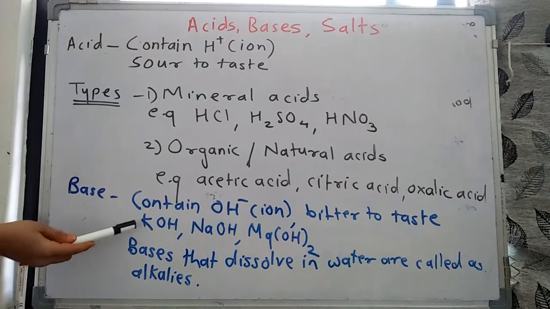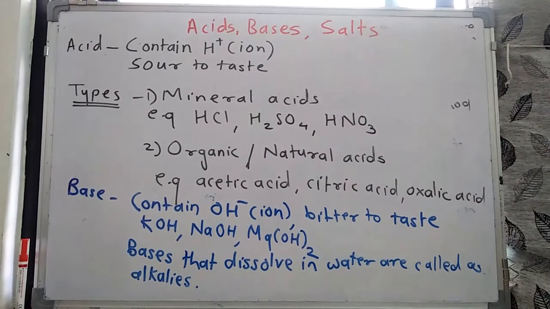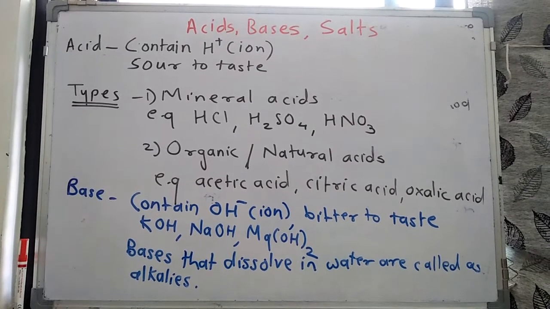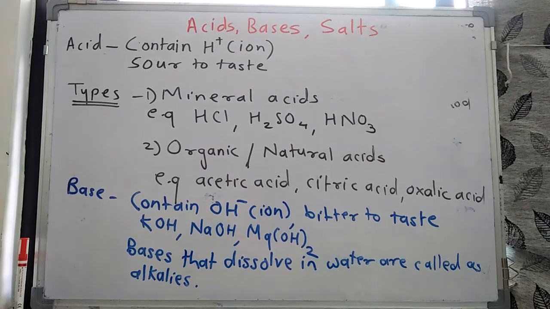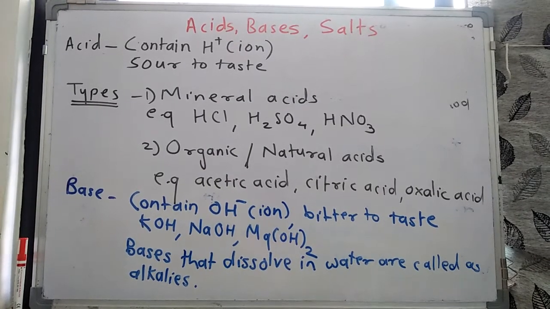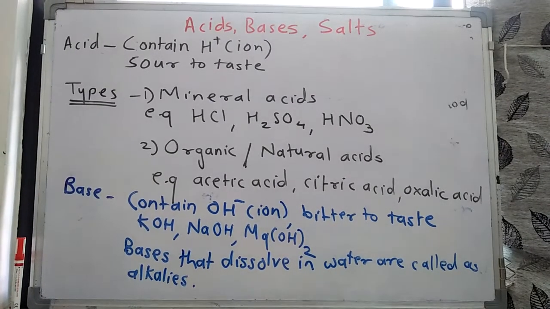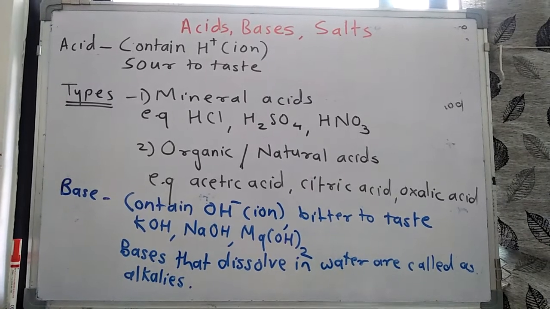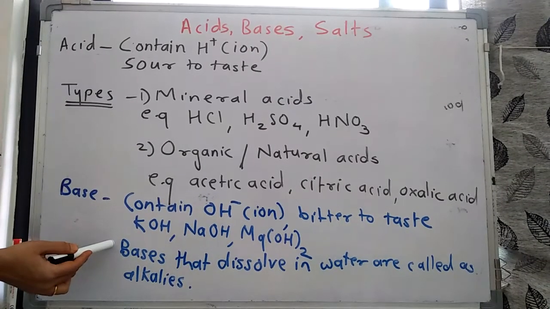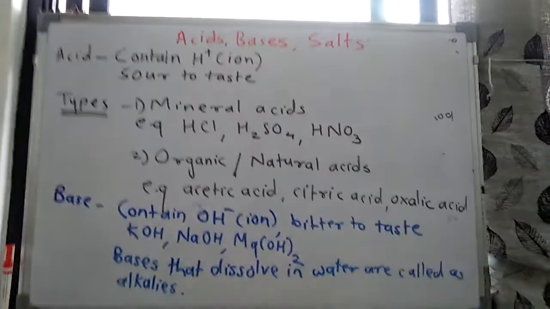Common examples are KOH, potassium hydroxide; NaOH, sodium hydroxide; Mg(OH)2, magnesium hydroxide; and Ca(OH)2, calcium hydroxide. Among these bases, some dissolve in water, not all. Bases that dissolve in water are also called alkalis.